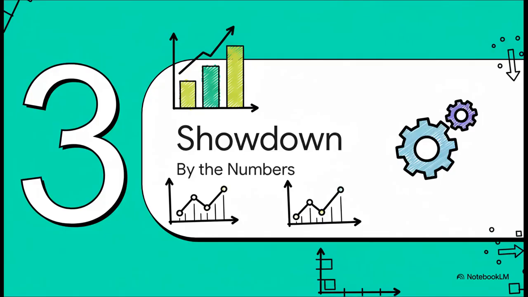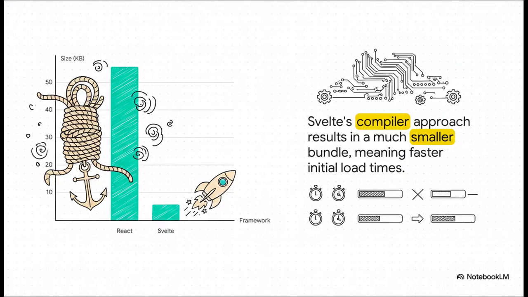All right, we've talked philosophy, we've talked about the developer experience, but now it's time for the main event, a head-to-head comparison, where we let the numbers do the talking. First up, bundle size. This is how much framework code the user actually has to download just to see your app. React's runtime library comes in at about 42 kilobytes. Svelte, a tiny 1.6 kilobytes.